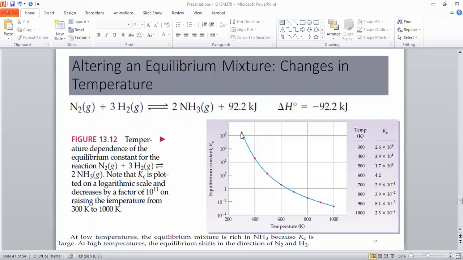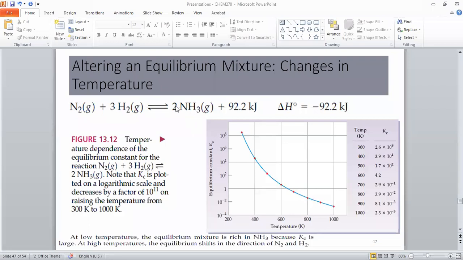Let's suppose it is starting from the temperature 300, the values are given over here. When the temperature is 300 Kelvin, the value is this. And when you are increasing the temperature along the x-axis, there is decrease in the equilibrium constant.